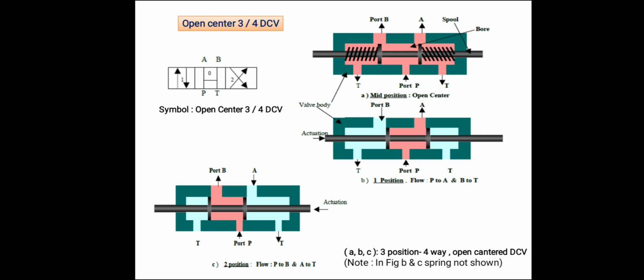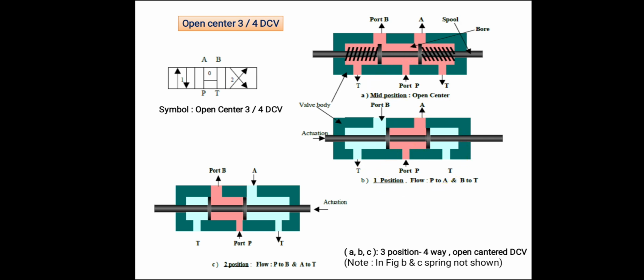In this position, port P is connected to working port A and working port B is connected to T. In some designs, P is connected to B and A to T when the left end is actuated. Similarly, when the right end is actuated, the valve will assume position 2.